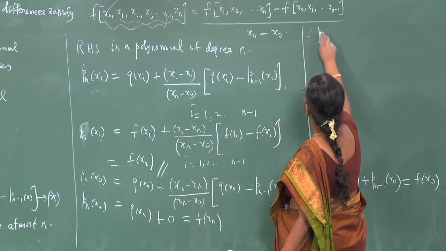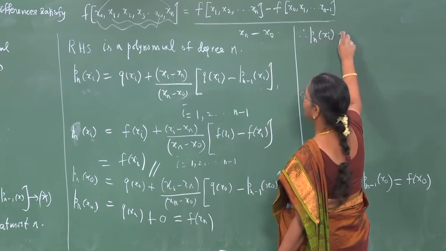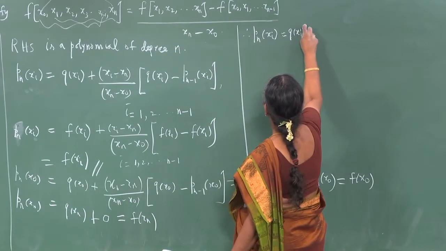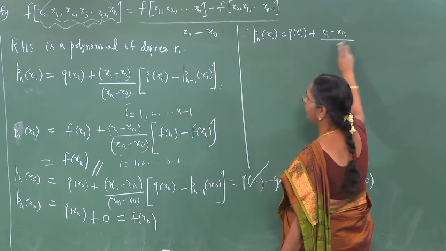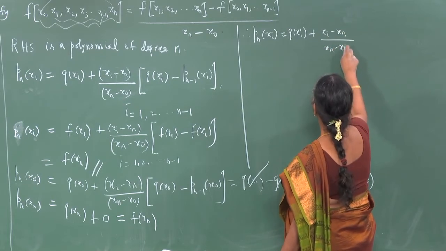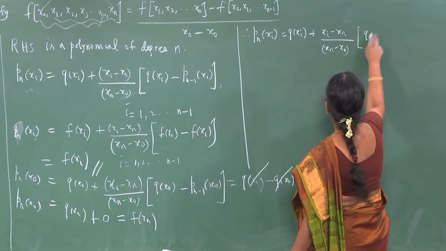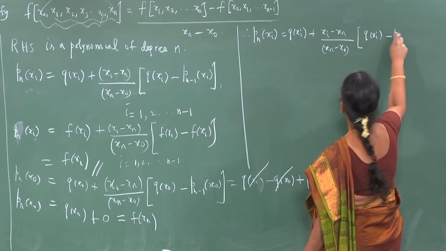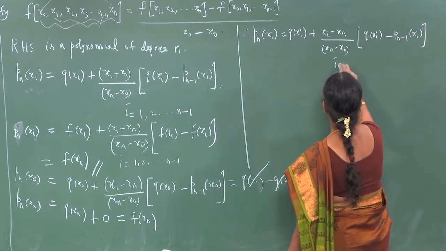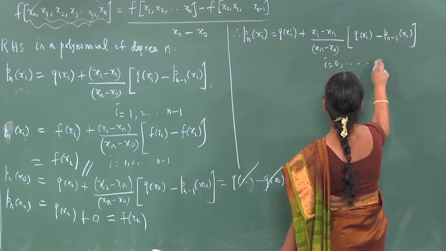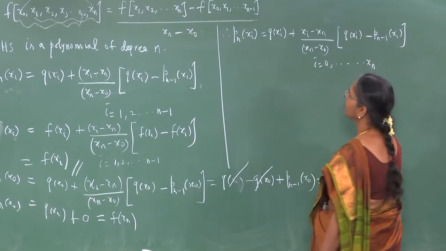So, we can write that Pn of xi is equal to q of xi plus (xi minus xn) by (xn minus x0) multiplied by (q of xi minus Pn minus 1 of xi) for points xi equal to x0, x1, etc. up to xn.